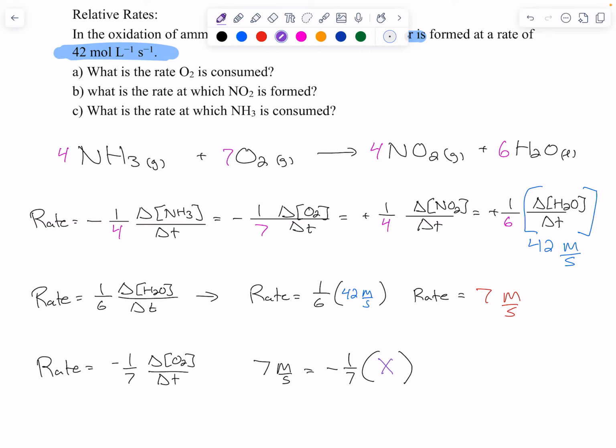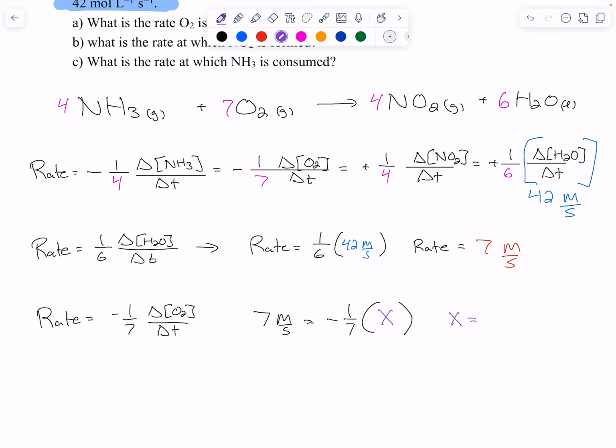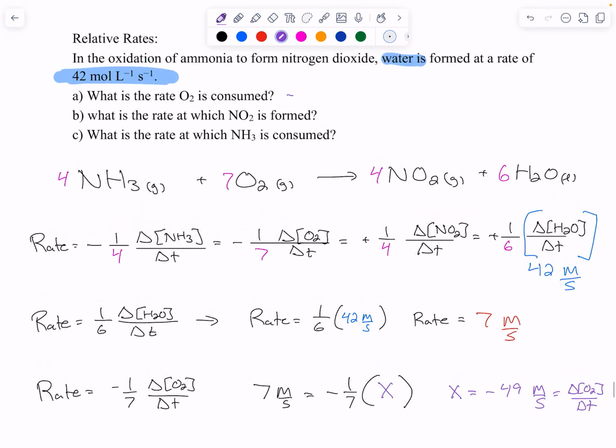Well, what does that happen to be? X equals -49 molarity per second, which is the change in concentration of O2 with the change in time. That's the rate, -49.